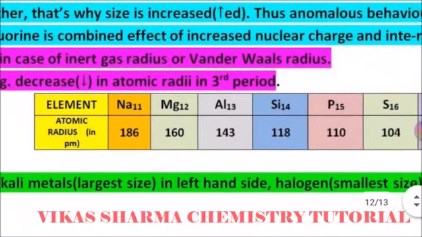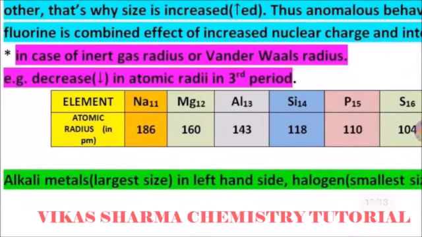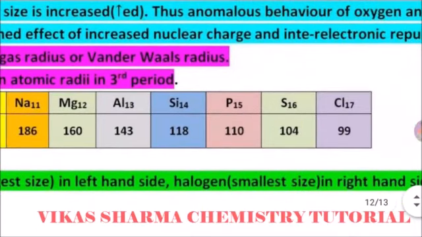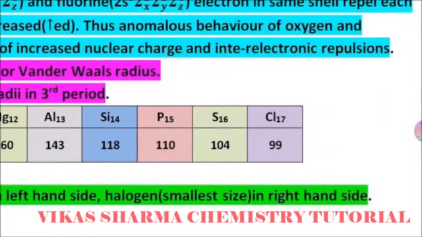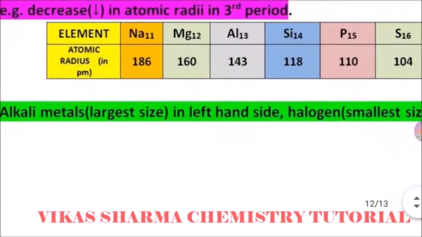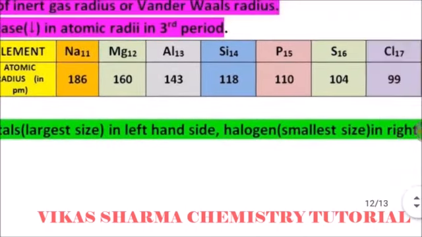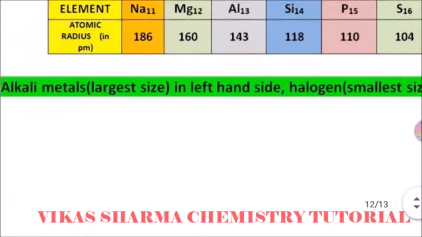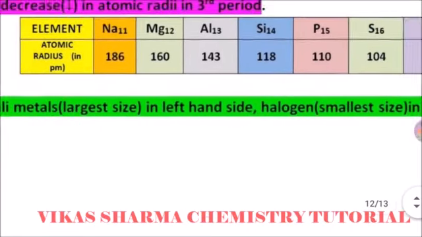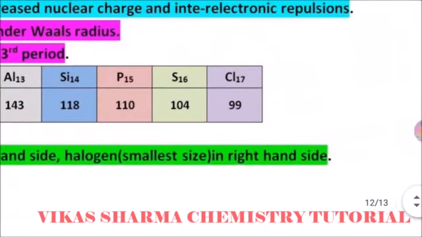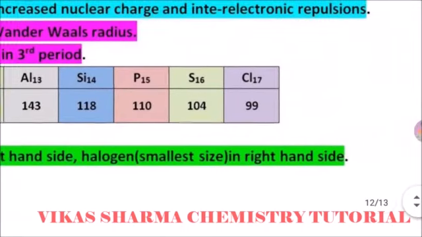Students, these are the atomic radii in the third period. Sodium atomic size is 186, magnesium 160, aluminium 143, silicon 118, phosphorus 110, sulfur 104, and chlorine 99. In the third period they show the regularity that the size decreases. So alkali metals have the largest size on the left-hand side, and halogens in the modern periodic table have the smallest size on the right-hand side.